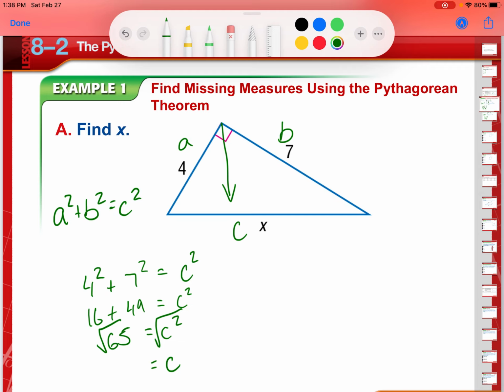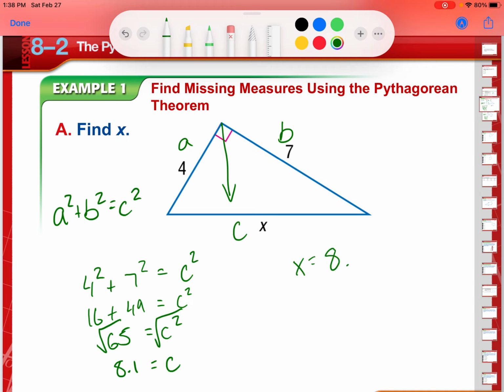The square root of c squared is going to be c, and the square root of 65 is going to be decimal sadness. It's going to be like 8 point something. Square root of 65 is 8.1. We'll just call it 8.1.